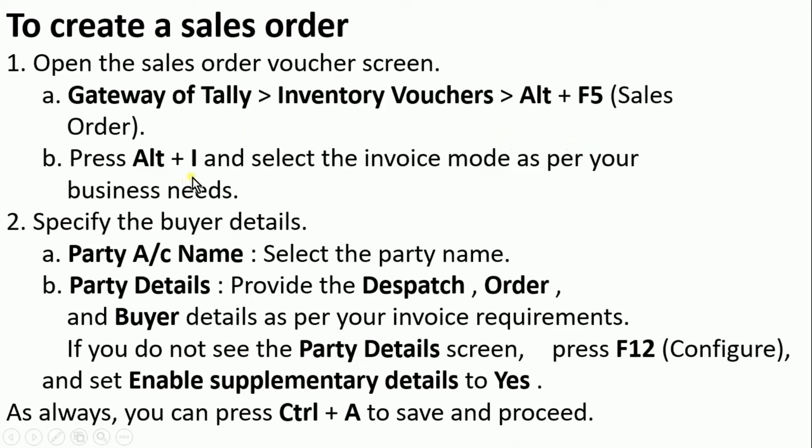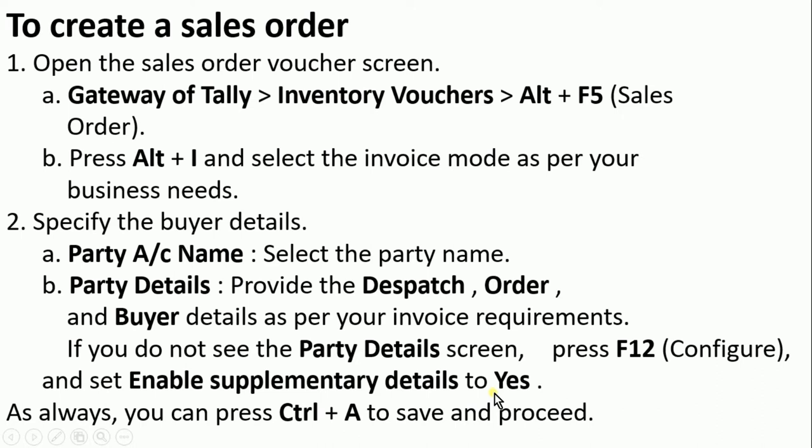Then press Alt plus I and select the invoice mode as per your business needs. Specify the buyer details, that is party name, party details, provide the dispatch details, order and buyer details, and if you do not see the party details screen, press F12, that is configure, and enable supplementary details to yes.